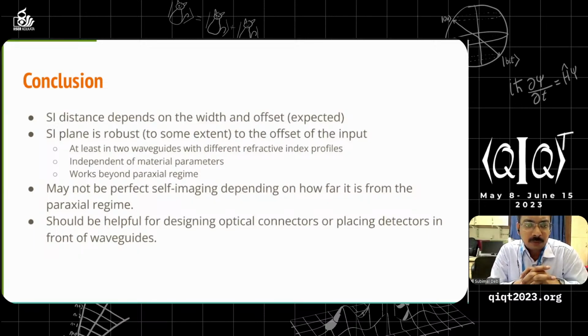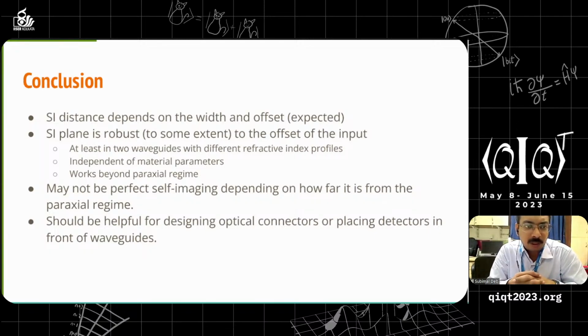But our interesting observation is that the distance where the self-imaging plane is produced becomes robust, or rather almost stationary, for the offset of the input beam. You move the offset a little away from the center, and the self-imaging plane doesn't change at all.